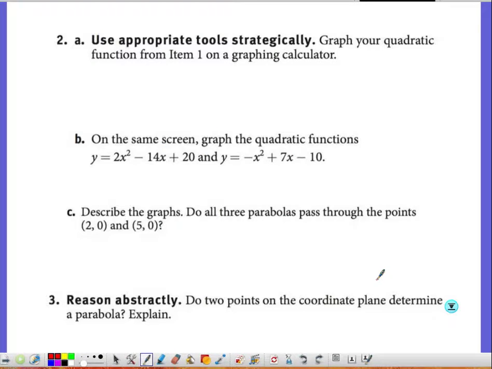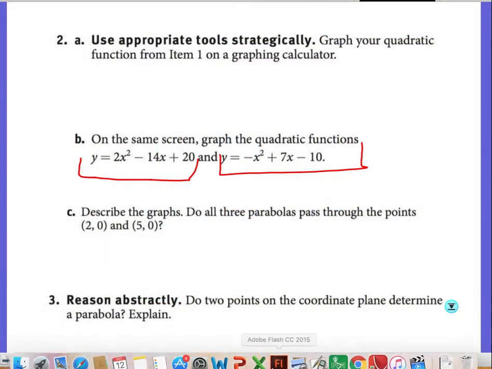Graph your quadratic function from item 1 on the graphing calculator. On the same screen, graph these 2 quadratic functions. Alright, so let's go ahead and graph this.